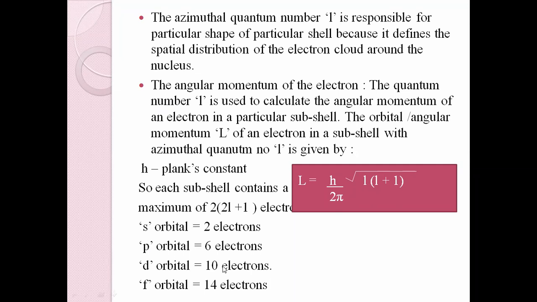Same is the case over here also. This is how the electrons are adjusted in each and every orbital belonging to the main shell. Did everyone understand?